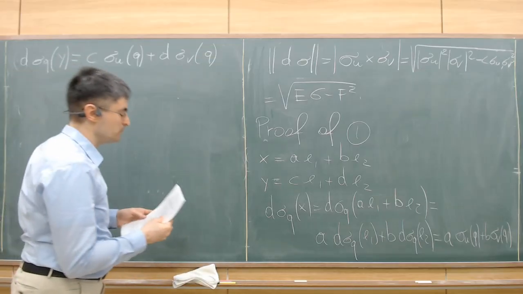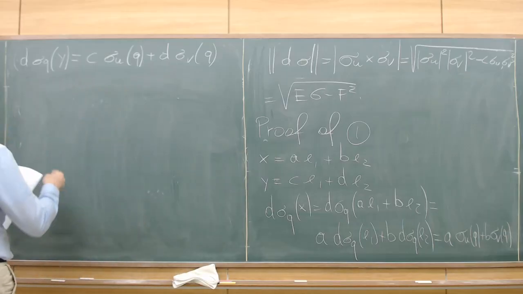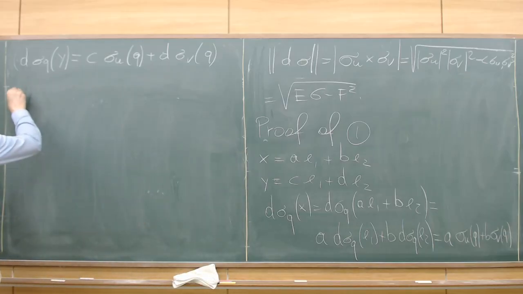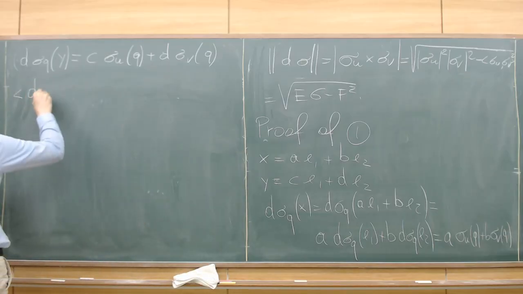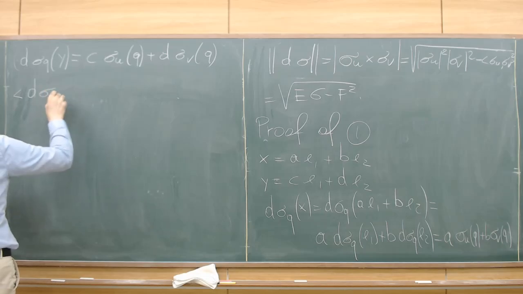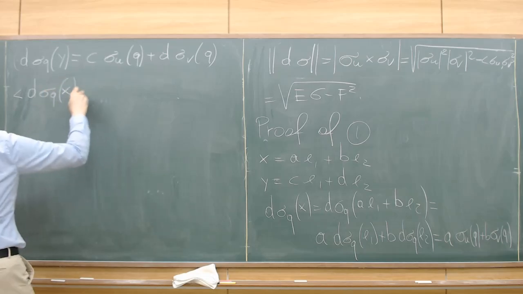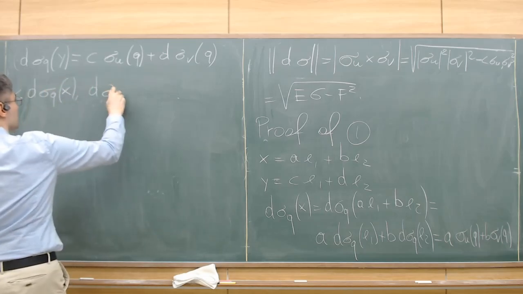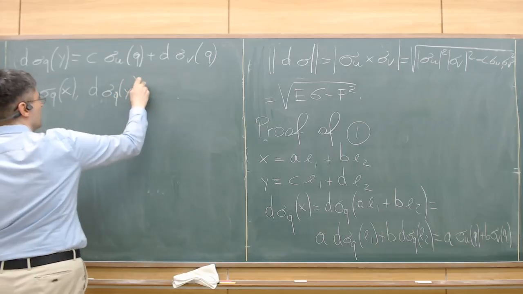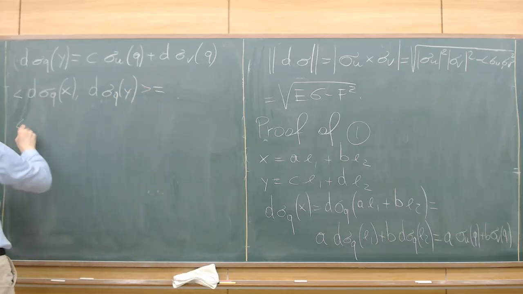and you get immediately the inequality, sorry, the identity: d sigma q x, d sigma q y equal to this.